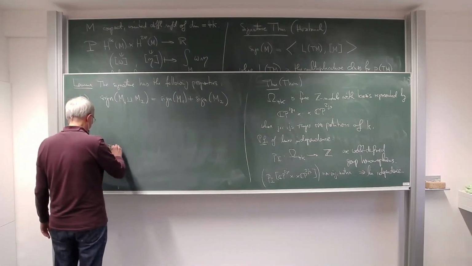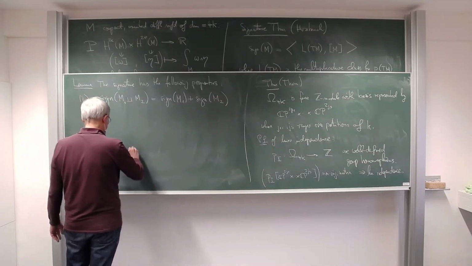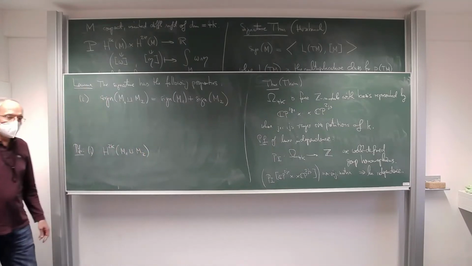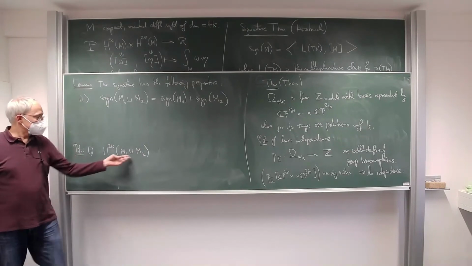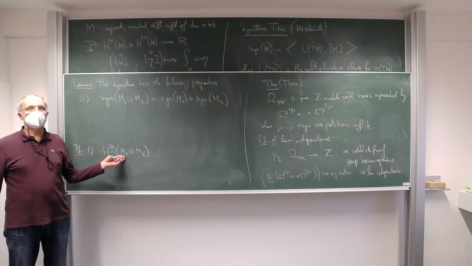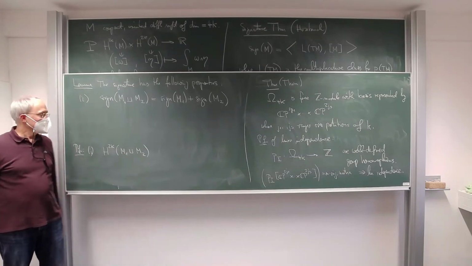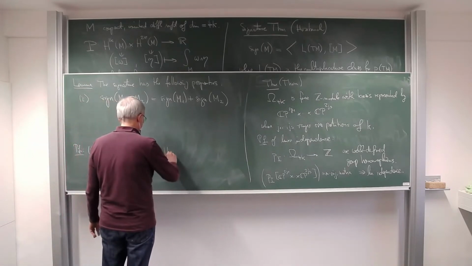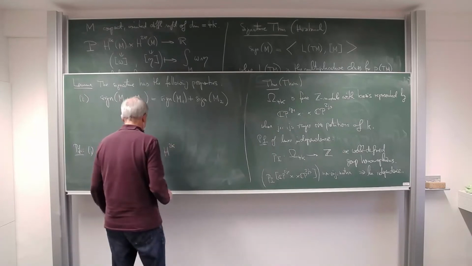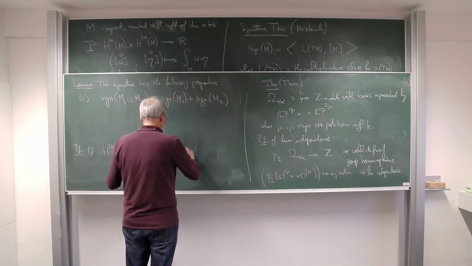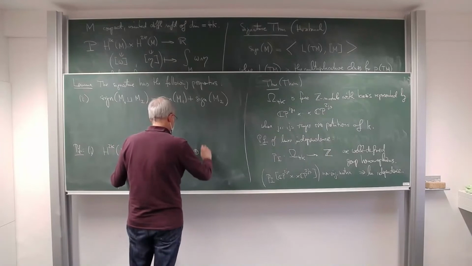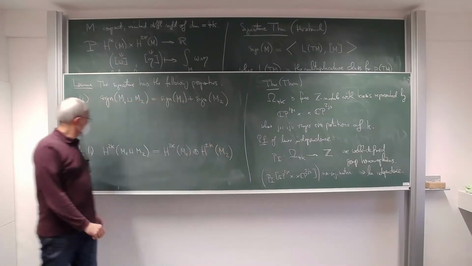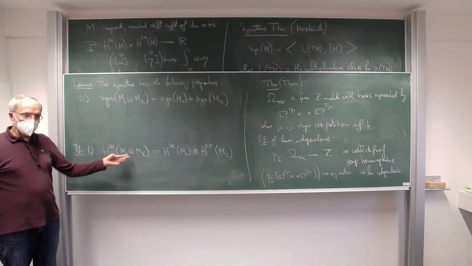If you look at the 2k cohomology of the disjoint union, this is represented by forms, and of course a form is given just by the form restricted to one and to the second thing. And so we have a natural isomorphism with the cohomology on M1 plus the cohomology on M2, which is simply given by restricting to M1 and M2.